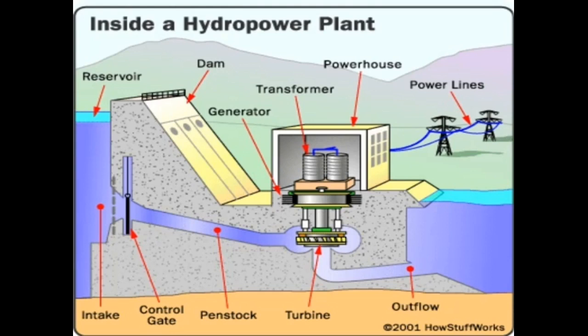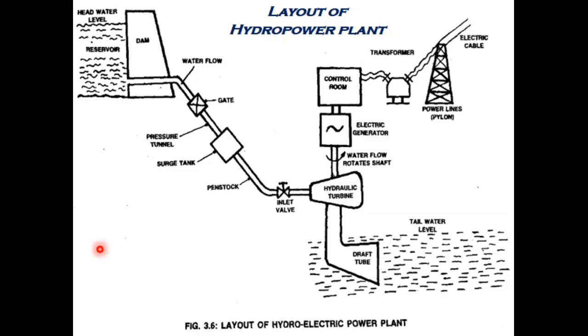Let us see the layout. As shown in the layout of the hydropower plant, the dam is constructed across a river, which has formed a reservoir upstream of the dam. Then the penstock pipe is constructed, having sufficient gradient, and the water has sufficient head.